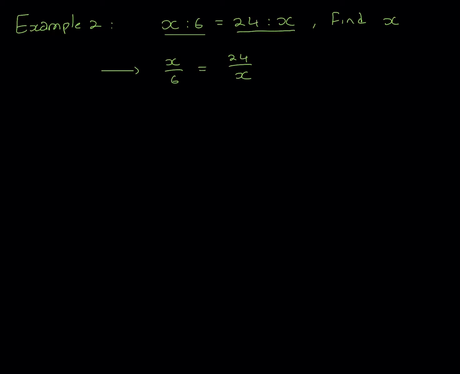All right, and to find x, you simply cross multiply, and you get x squared is equal to 144. Then x is equal to the square root of 144, and you get x is equal to 12.